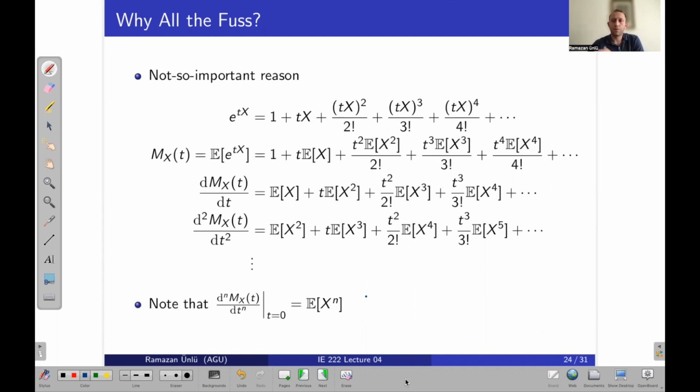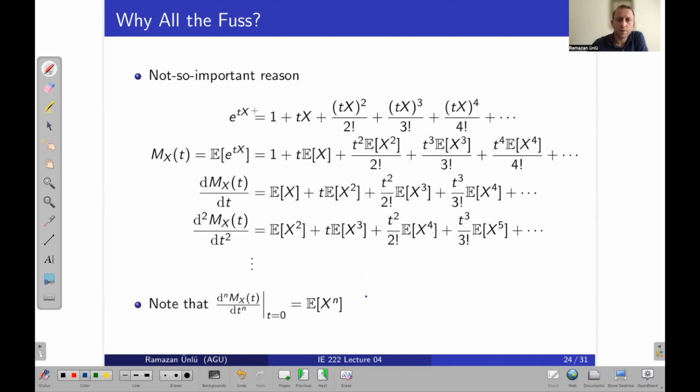From this perspective, we have two main reasons. The first one is not too important, but it is good to make all these things more clear, more concrete, okay? And the second one is much more important. But let's start with the first one.